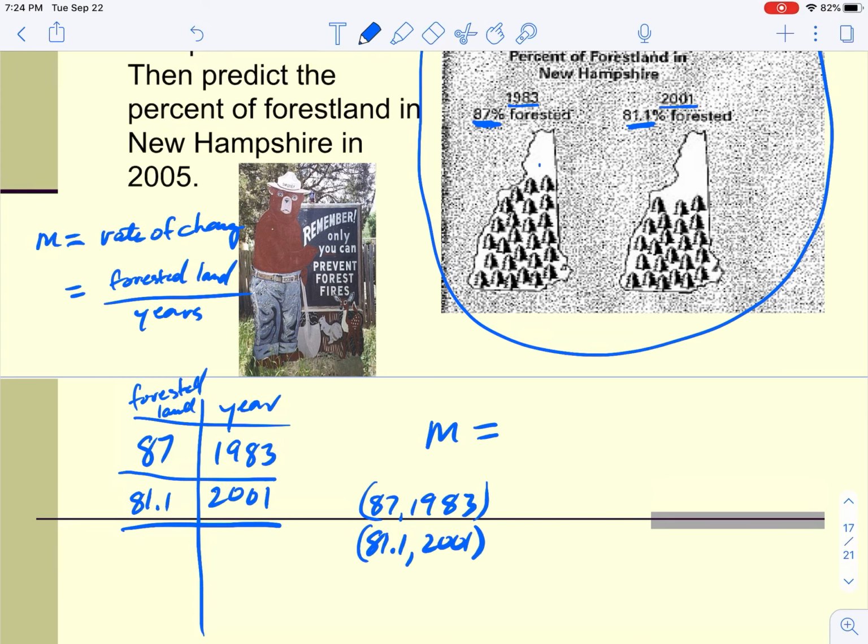And what we typically want to do is have the years on the bottom. Because we always think of a rate of change, how much does it change over the year?